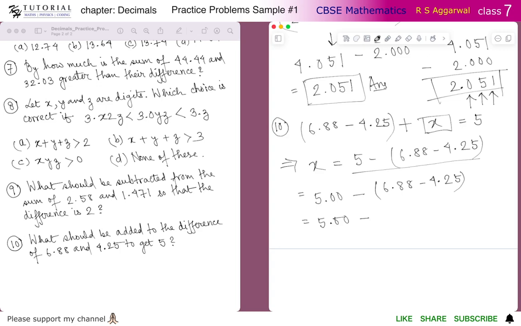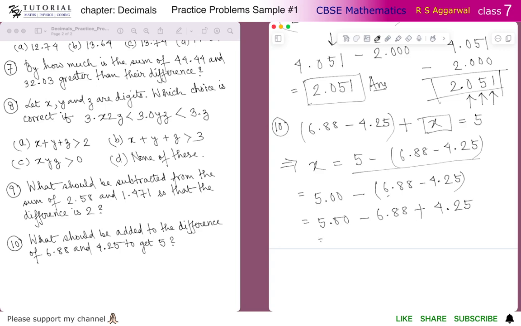You can do the subtraction first, and then from the result subtract from 5, or either way, it will take the same time. Or if you open the parenthesis, this will be 5.00 minus 6.88 plus 4.25.